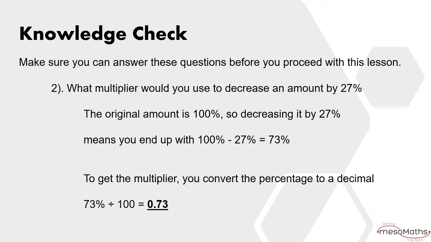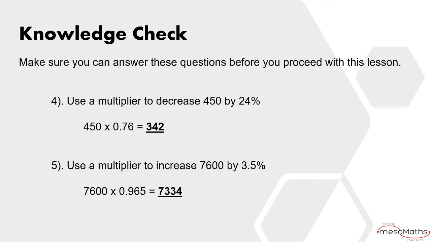So if we start with 100% as our original amount and you subtract 27% from that, you end up with 73%, and then you divide that by 100 to convert it to the multiplier. So the answer in this case is 0.73. Question 3, same idea. Subtract the 2 from 100, convert the 98% to a decimal by dividing by 100, and 0.98 is the answer. Question 4 and 5.